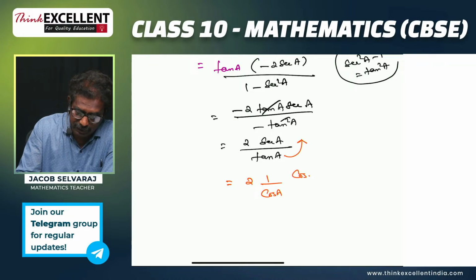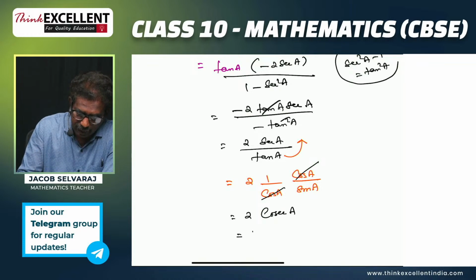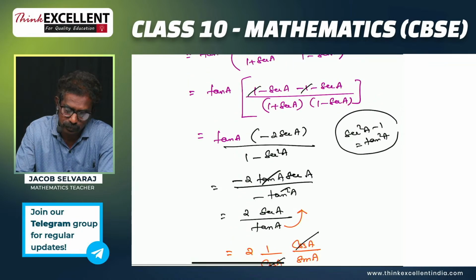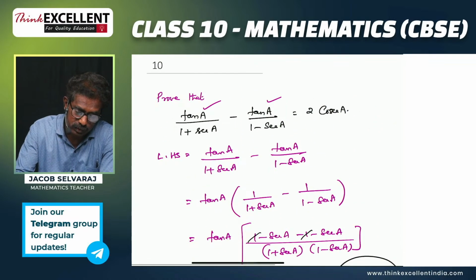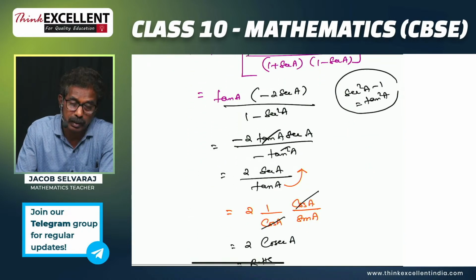So cos A by sine A. You can cancel this cos A. You are getting 2 into 1 by sine A. That 1 by sine A is cosecant A, and that is our RHS. So 2 cosecant A is the right answer. It is a prove that question, right? So this is one method. You can try other methods also.